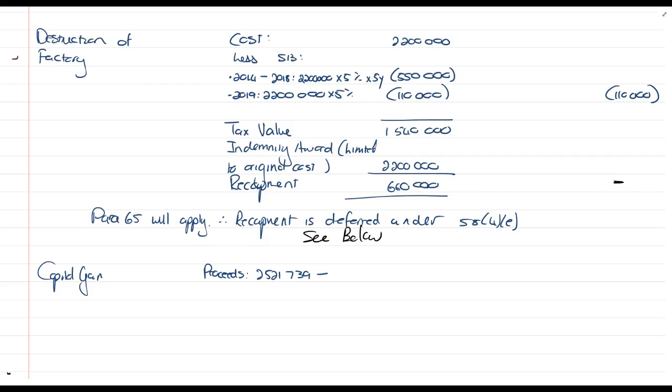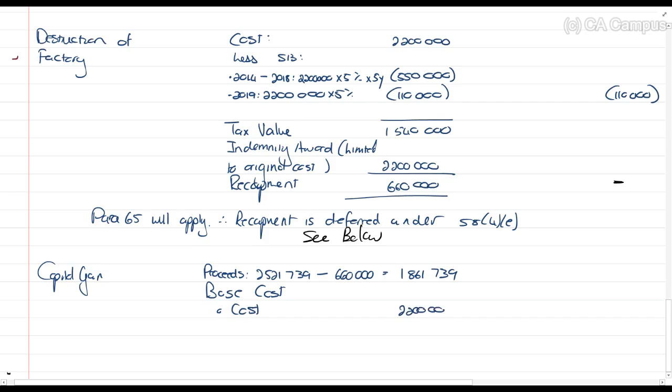Okay, so minus 660,000. Base cost is our cost, less allowances. Our allowances is the sum over here.